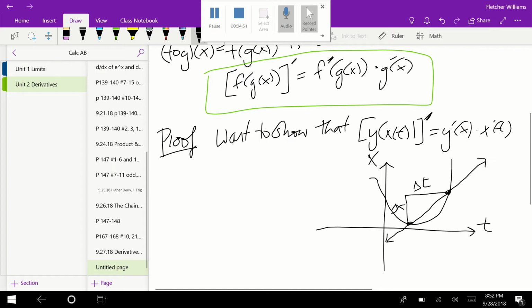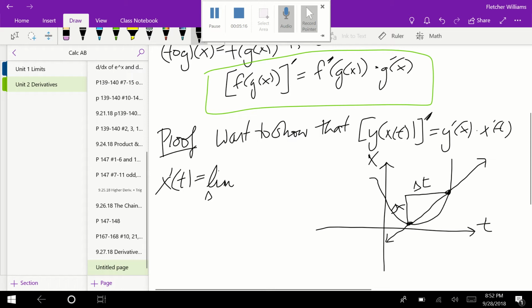And we saw earlier that the derivative x prime of t could be found by taking the limit of the slope of the secant. So, sorry, my pen's acting a little weird. May have to use this side.